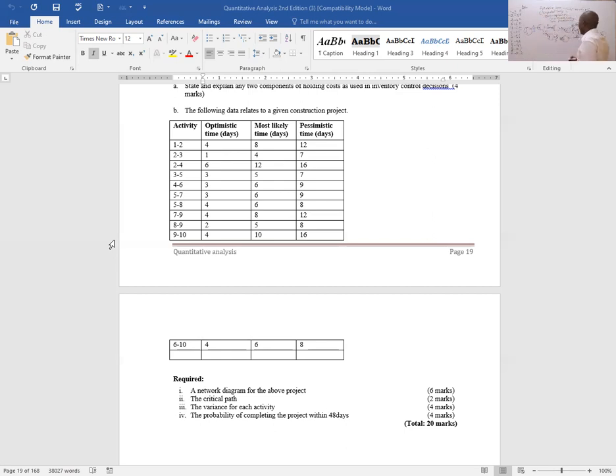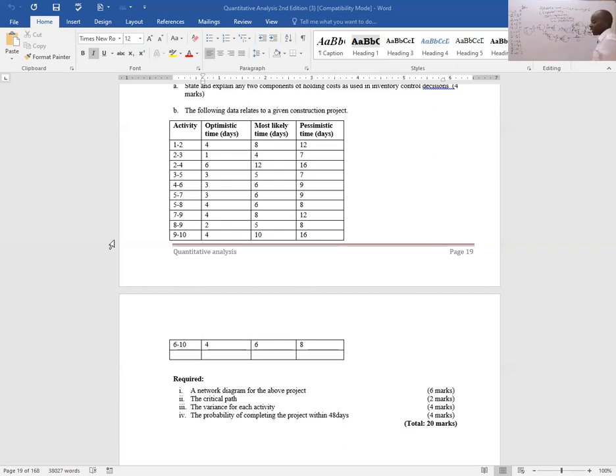So I is 5. Next is J. The optimistic is 4 plus 4 times 10 plus 16, divided by 6, which gives me 10. So J is 10. Lastly, we have K. K will be 4 plus 4 times 6 plus 8, divided by 6, which gives me 6.